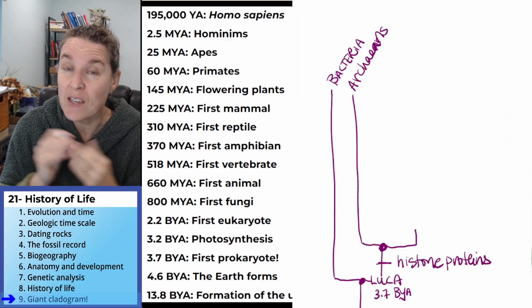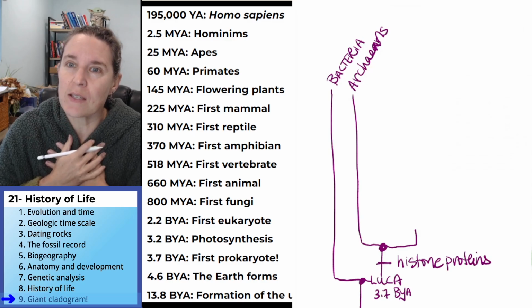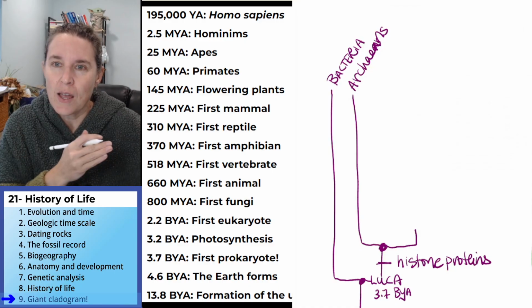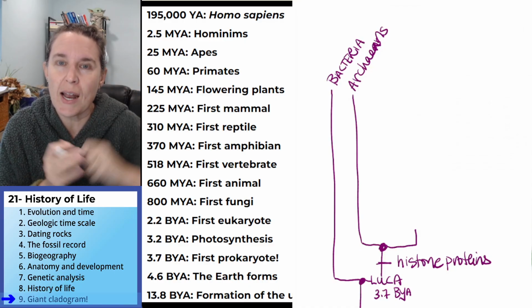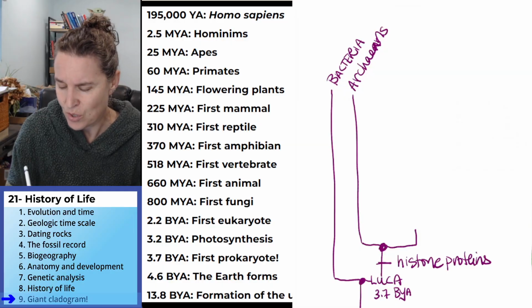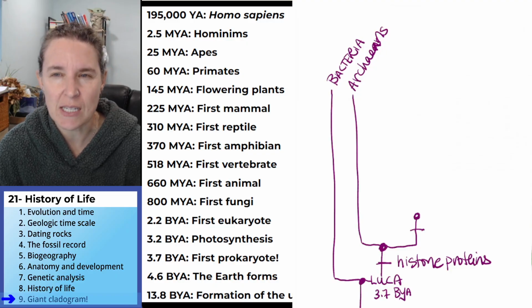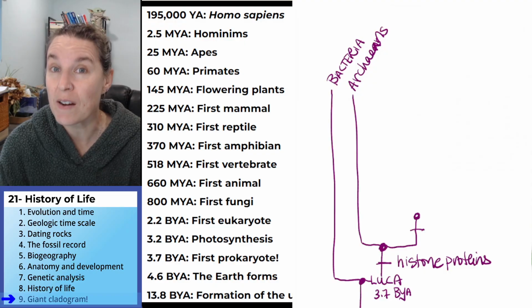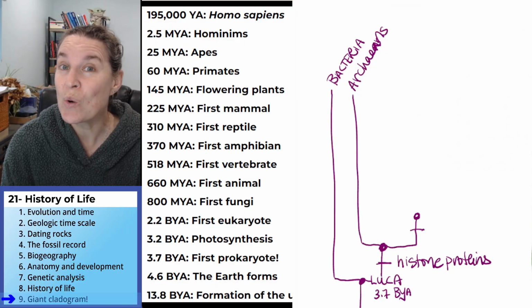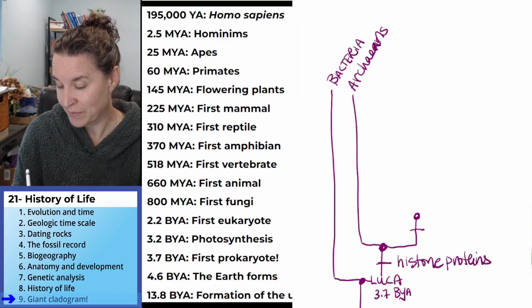But in fact, the archaeans are brothers with us. The bacteria are the home kids that do not have histone proteins. So weird. We've got bacteria and archaeans. Those are both prokaryotes. Who else came along?